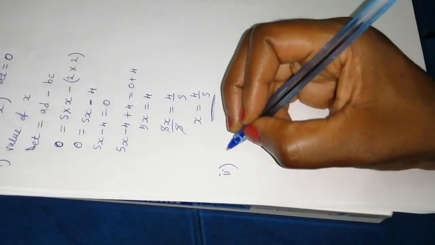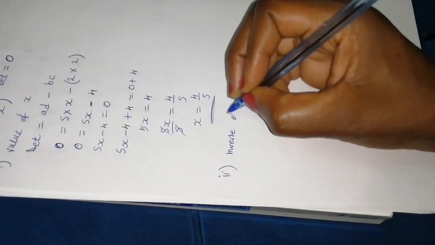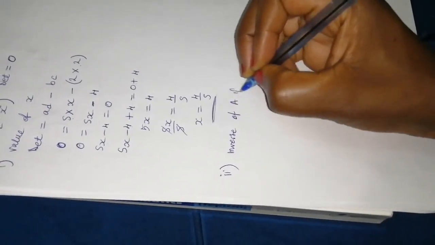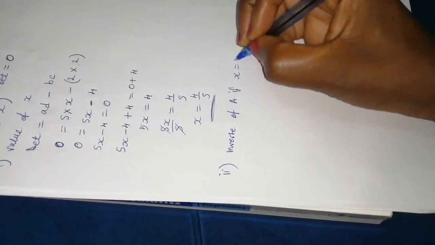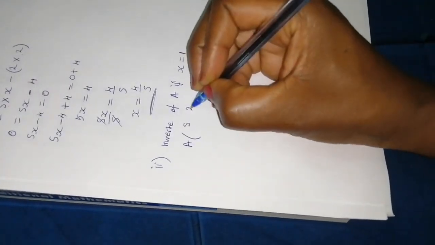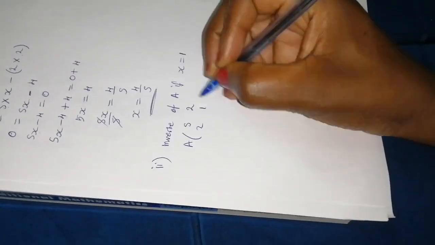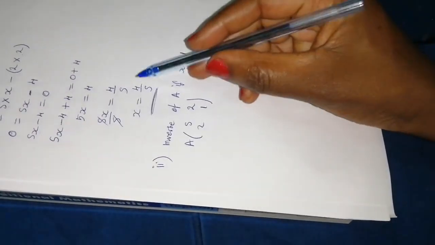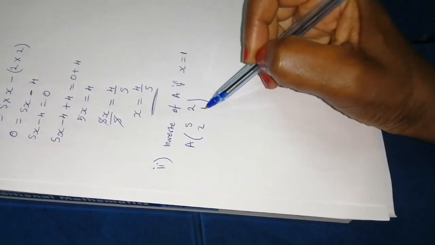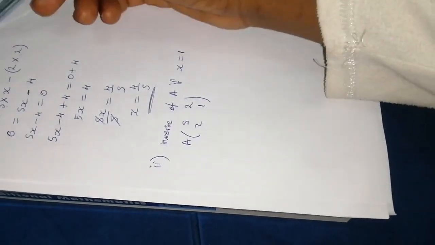The question 2 is telling us to find the inverse of A if x is equal to 1. Okay, so what this means is that matrix A will be 5, 2, 2, and where there is x we put 1. When you put 4 over 5 here, you will not find the inverse because your determinant will be 0.